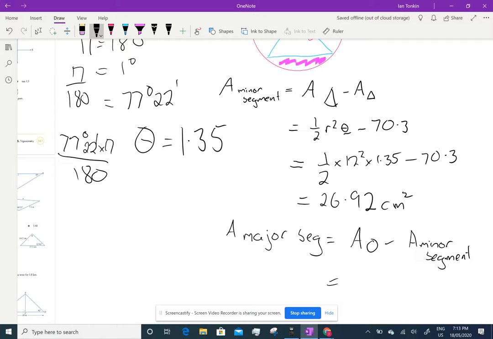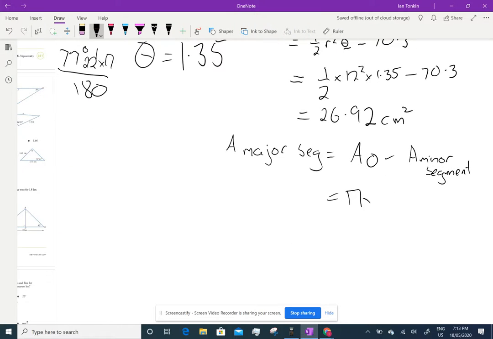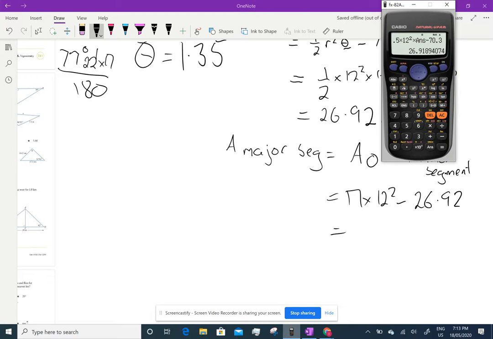Well, the area of the whole circle is pi r squared, so pi times 12 squared minus 26.92. My answer is going to be different from the back of the book because they got 9.6 because they used a rounded value, but I'm just going to have this and you'll understand that hopefully my answer is more correct.